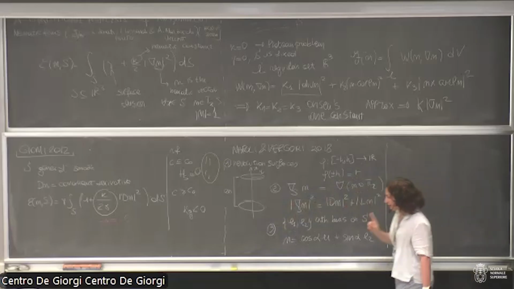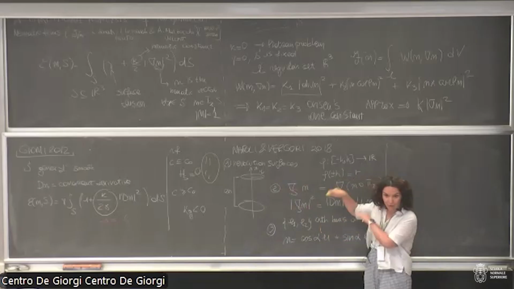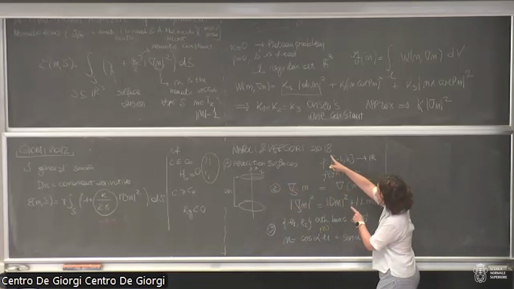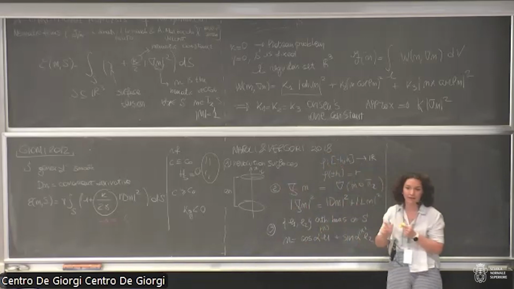And now I wanted to underline this, because we can prove it. What they did, this is a hypothesis that they made, is that the angle alpha depends just on x, but it can be proved.